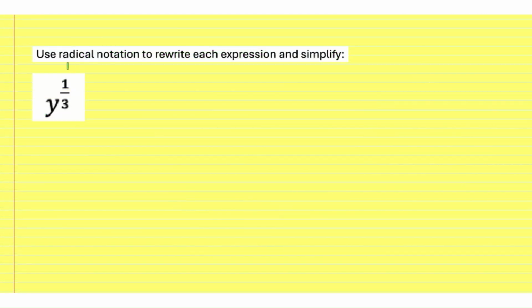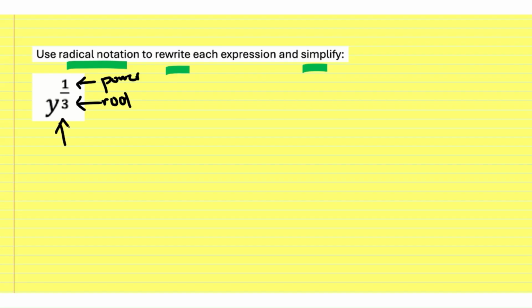Again, we're going to use radical notation to rewrite the expression and then simplify it. So again, the power is on top, and the root is on the bottom. So that means that instead of the square root, we are actually going to have the third root. So it is the third root or the cube root of y to the first power.